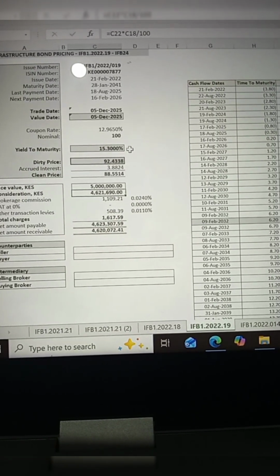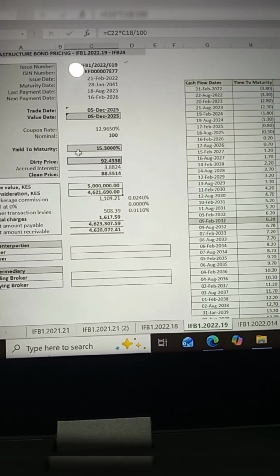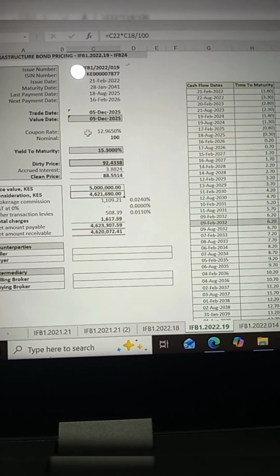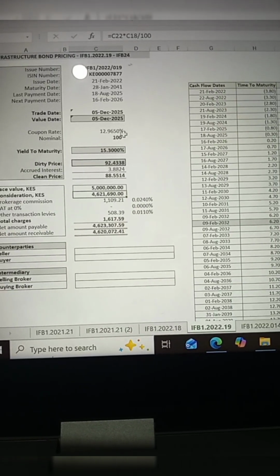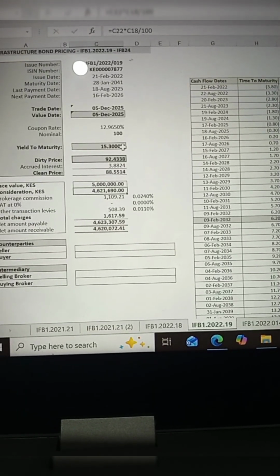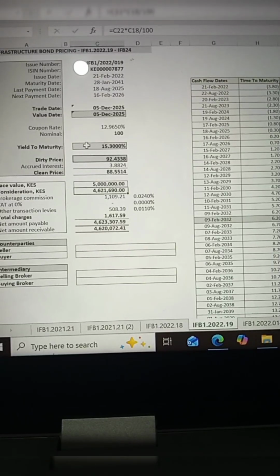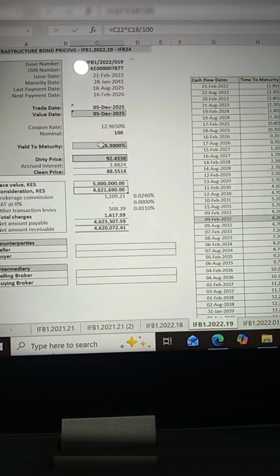When the yield to maturity is 15.3% and the coupon is 12.9, whatever this client is getting is lower than what is available at the present interest rates of the market, which is represented by the yield to maturity of 15.3.